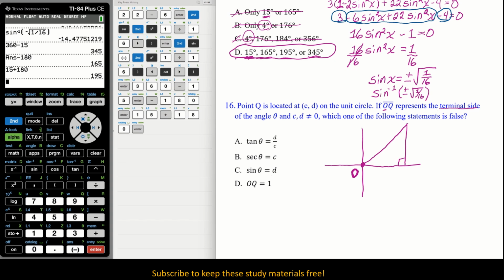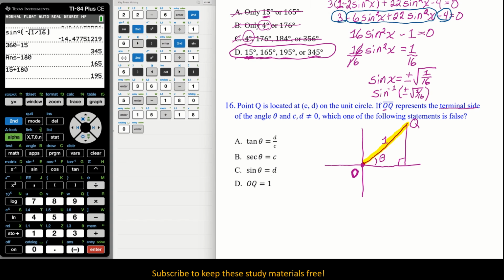This would be the right angle. This would be Q. So then this is the given angle, right? Given line. That's the segment that they gave. So if we're on the unit circle, okay, this would be R, and R would be equal to 1. So that means that OQ segment is equal to R. And this would be our theta.